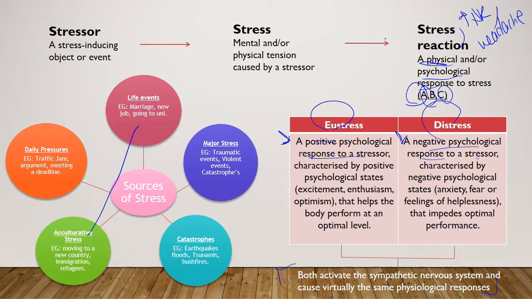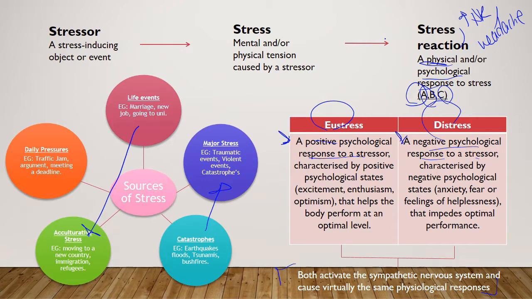A culture of stress is an example, or it falls under a life event, and that's mainly to do with things like culture or immigration. We then have major stress, which is an intensely negative kind of event that affects whole communities, and then catastrophes are examples, or they fall under the category of major stress.